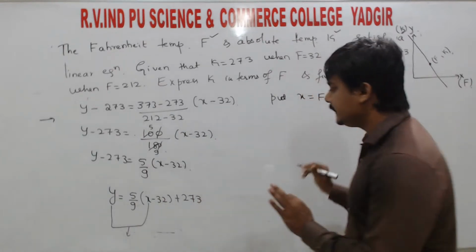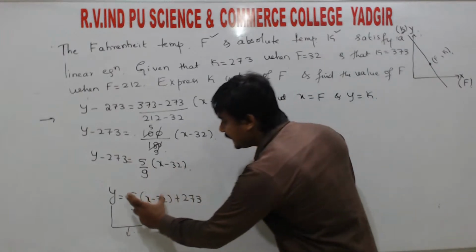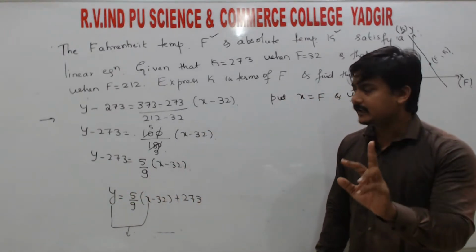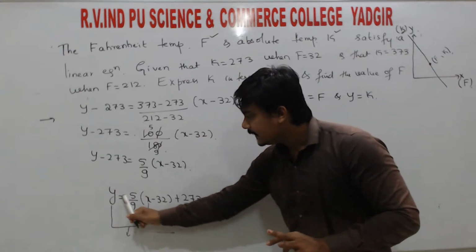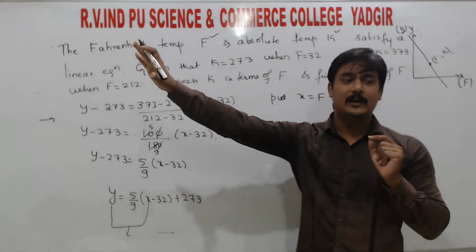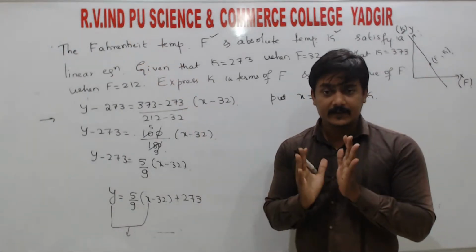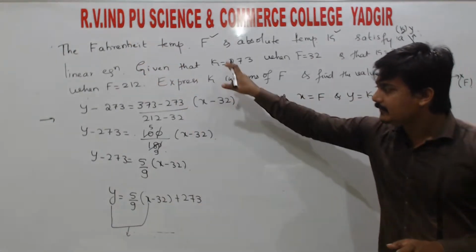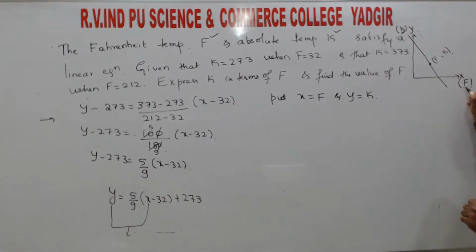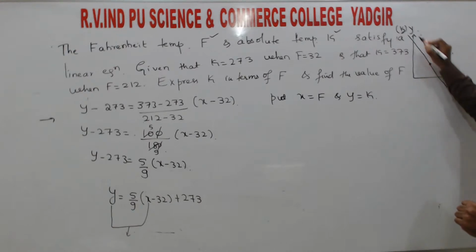It is not something to memorize. To derive the equation, you should know what x and y we have taken. While deriving the equation, we assume that x and y are the coordinates of any arbitrary point present on the straight line. While deriving this relation, we have assumed that along the x-axis I have taken Fahrenheit temperature and along the y-axis I have taken absolute temperature.